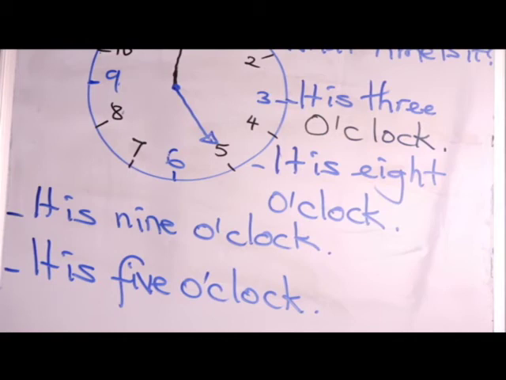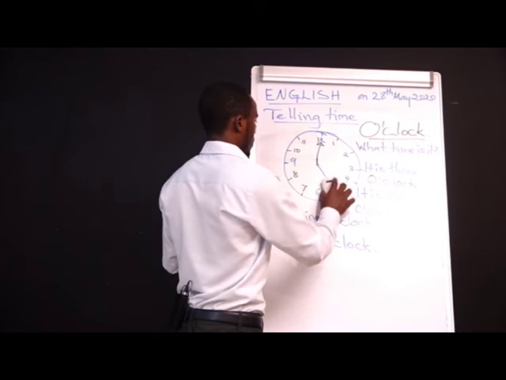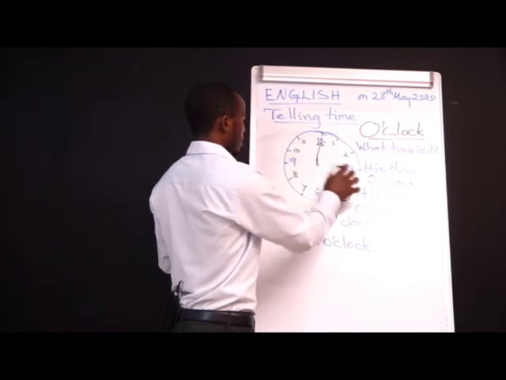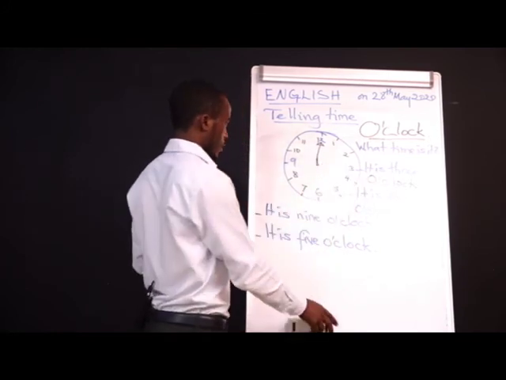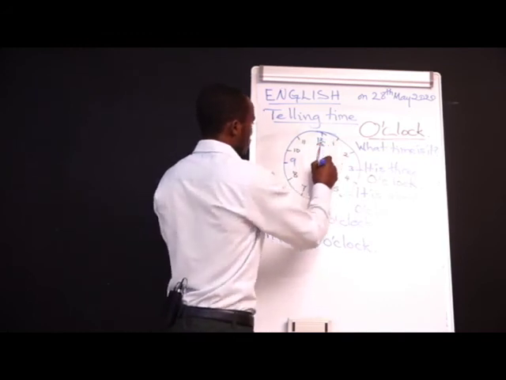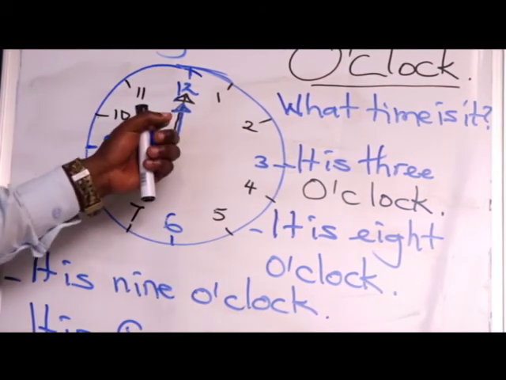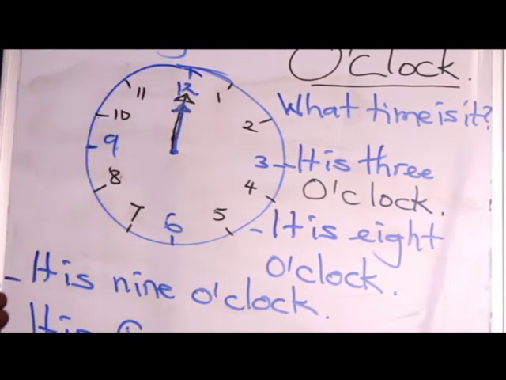Again, we are going to change. The minute hand is still on 12. Now, let's change. Now, the hour hand points to 12, and the minute hand points to 12 again. What time is it then?